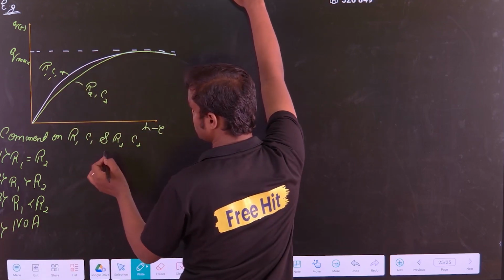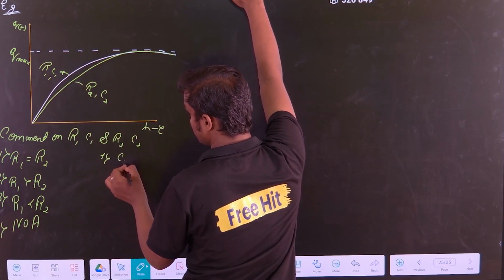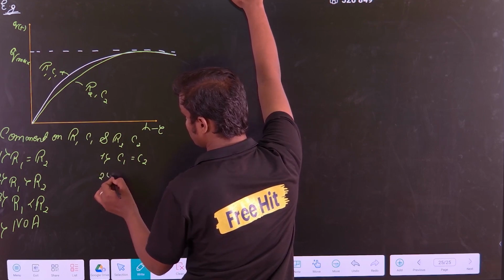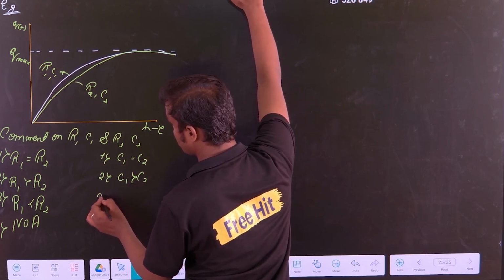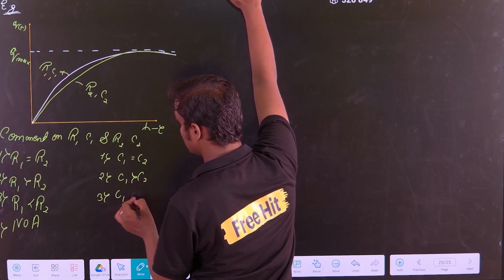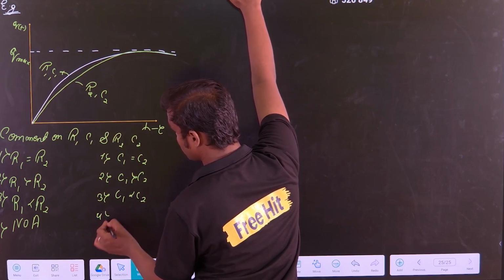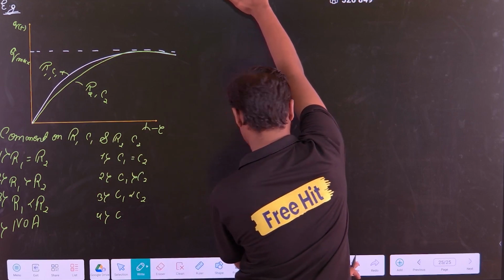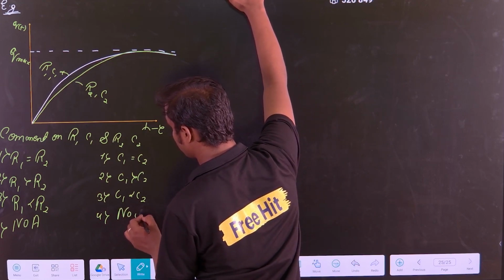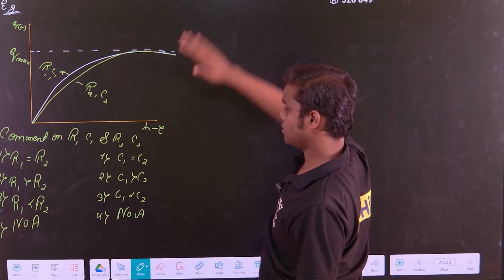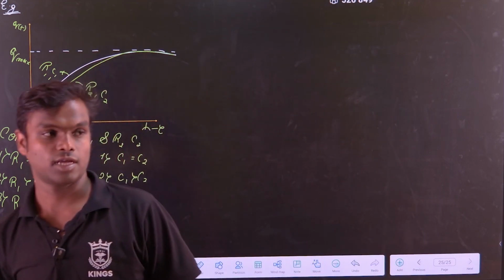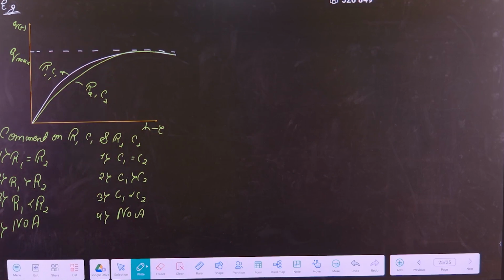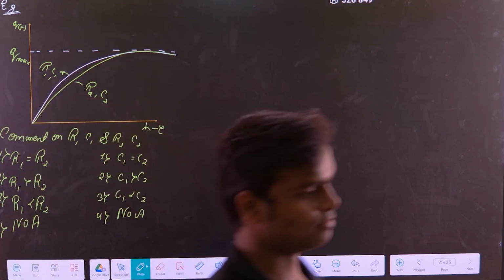And in the second case, C1 is equal to C2, C1 is greater than C2, C1 is less than C2, or none of the above. That you have to tell. I give you 30 seconds to solve this. Use the 30 seconds, try to solve it and tell me the answer.